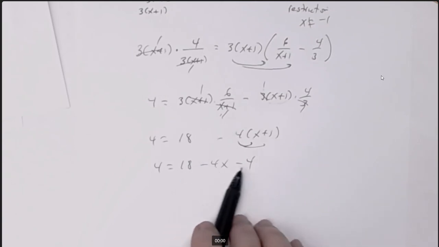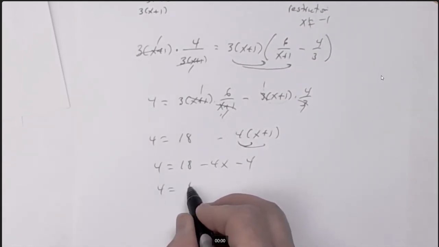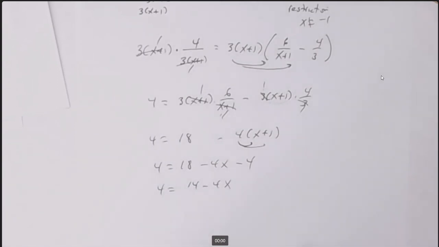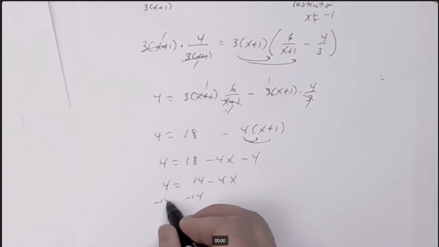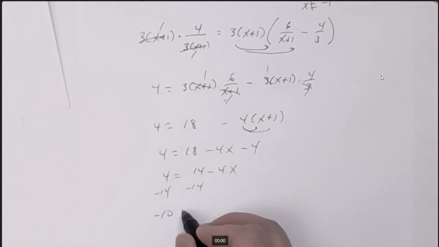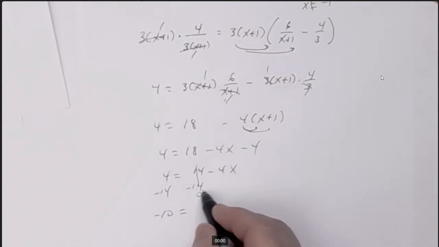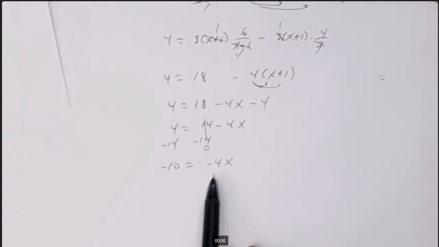Now I got to get x by itself, so I'm going to go ahead and subtract 14 from both sides. And so I get 4 minus 14 is a negative 10, equals 0, a negative 4x. One more step when you're done. What do I divide both sides by? Negative 4, yeah, negative 4.